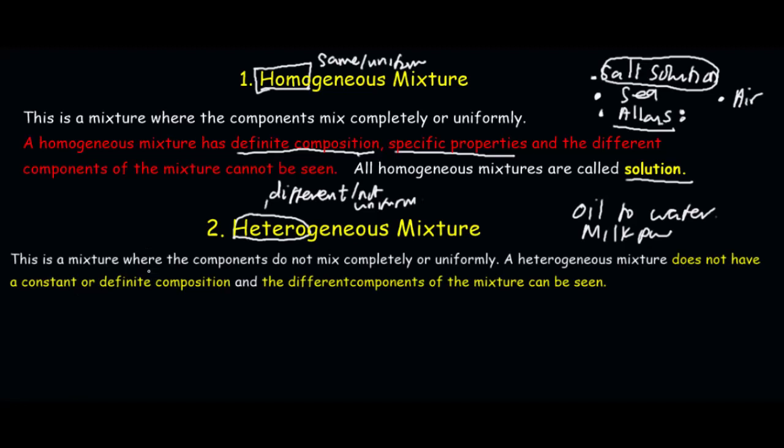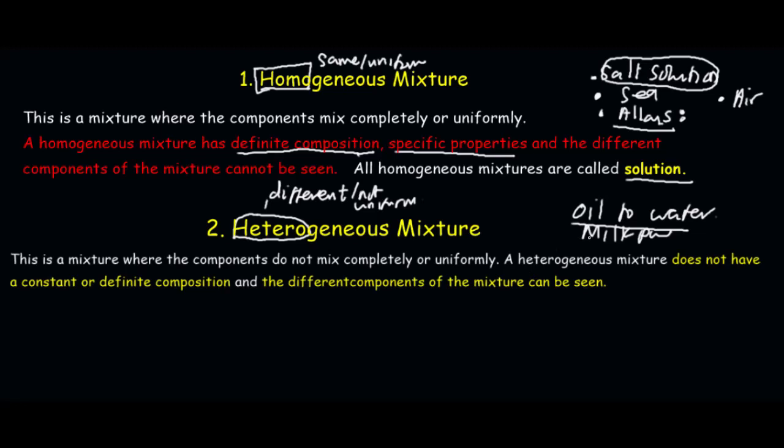Because they do not mix uniformly, any portion of the solution that you fetch, if we take oil and water, at some point you have little oil and more water. At some point, you may have more oil and little water. So the composition of the portions you fetch from different parts will not be the same.